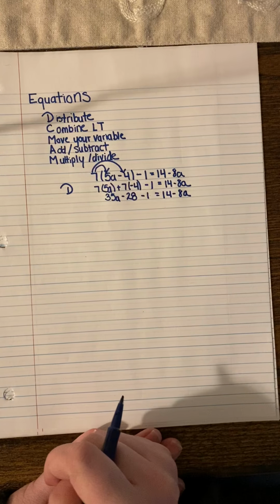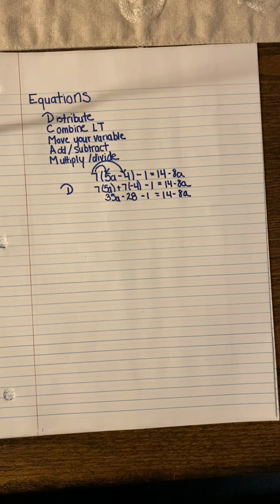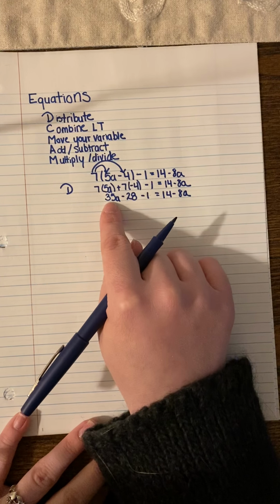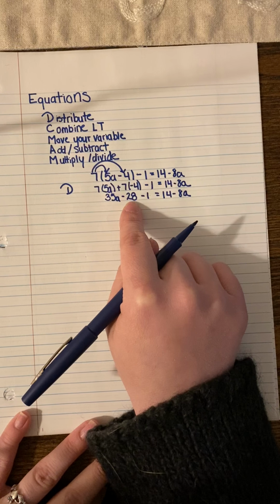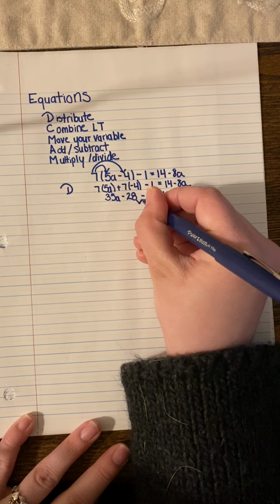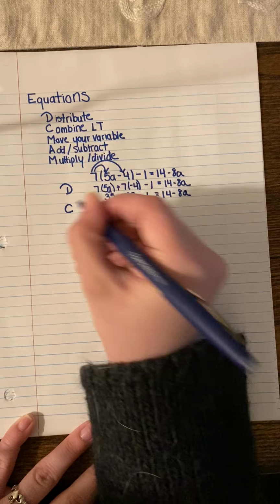Now we need to combine our like terms. Like terms are when we have more than one constant or number on one side of our equation, or we have more than one variable, okay? So right now I only have one variable, but I do have 2 constants, so I can combine these, okay?